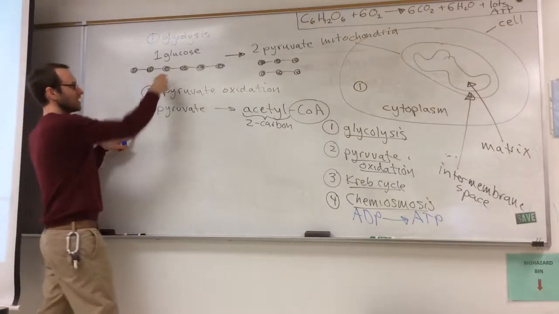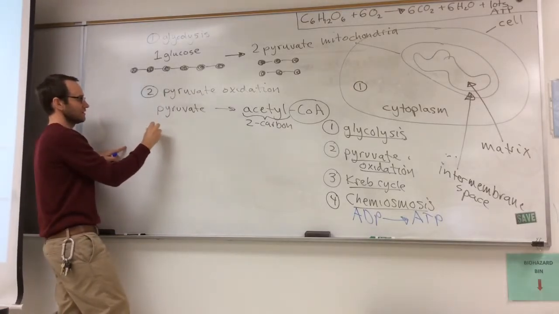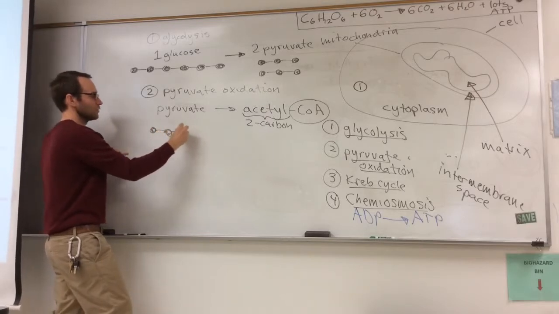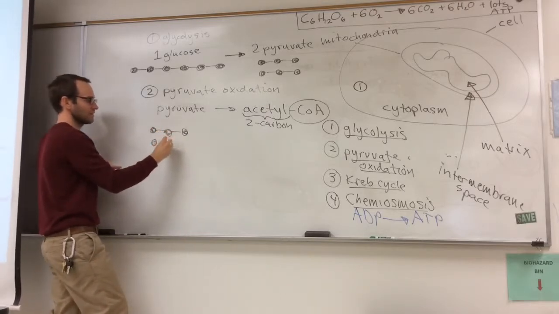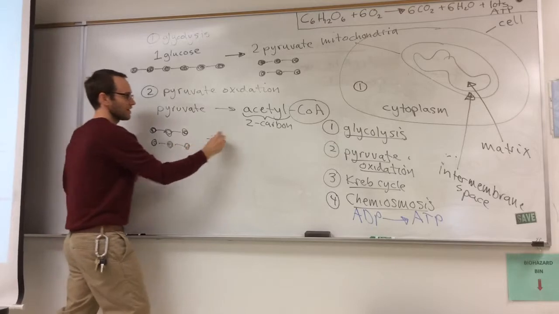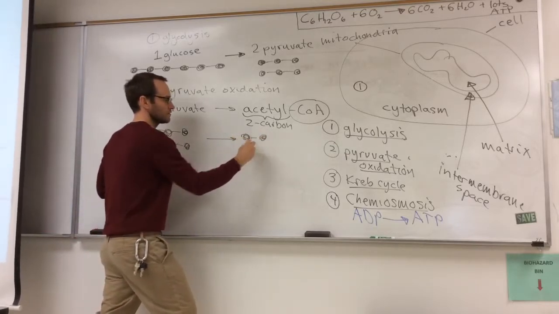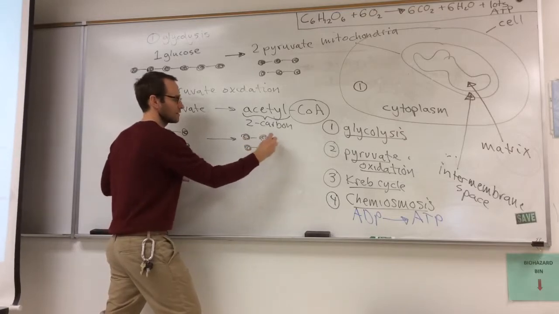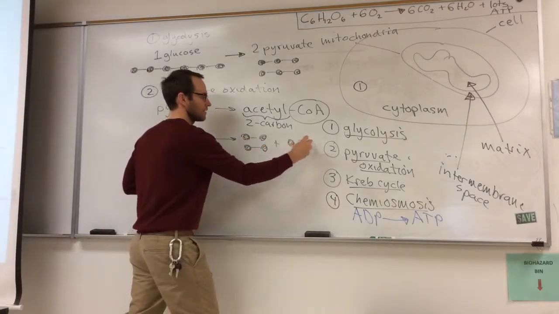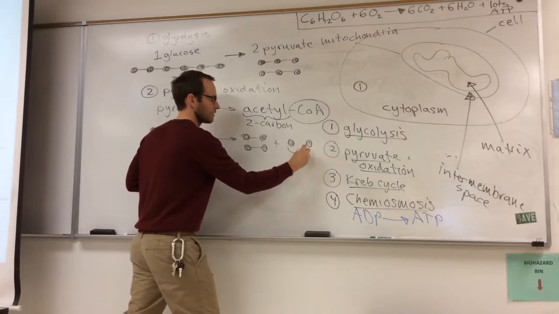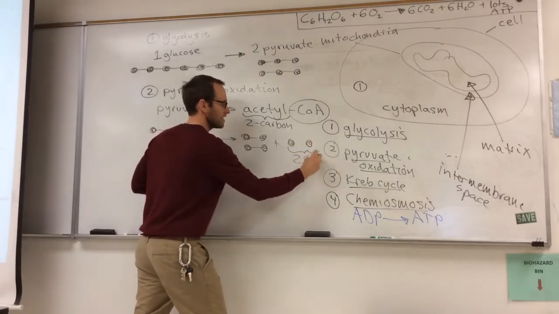All right? So sticking with this structure, we've got our 2 pyruvates. We're going to chip off one carbon each to generate 2 acetyl-CoAs plus 2 CO2s.